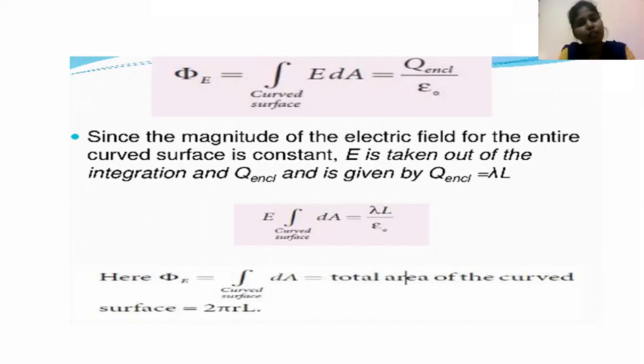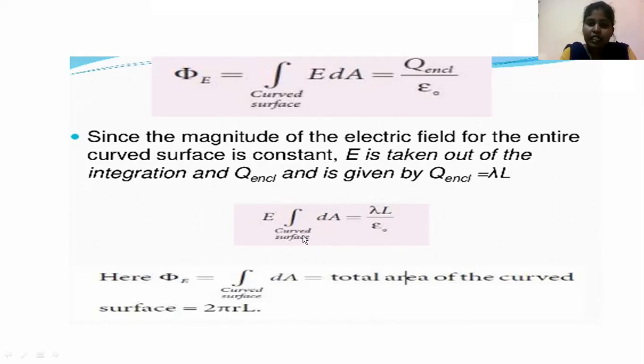I write Q in terms of the linear charge density. The charge density lambda is Q by L, charge per length, so Q enclosed is lambda into L. Substituting, Q enclosed by epsilon naught is lambda L by epsilon naught.